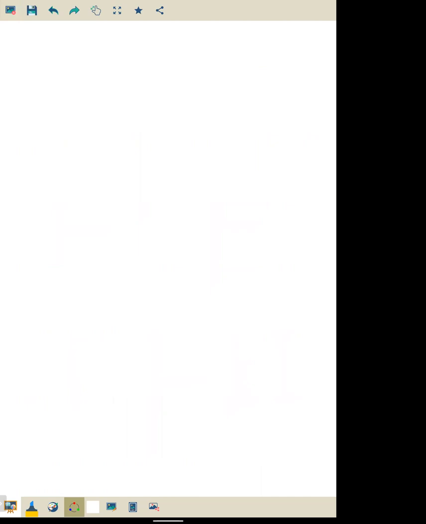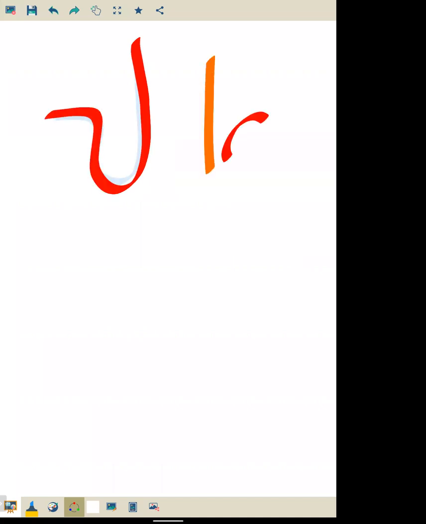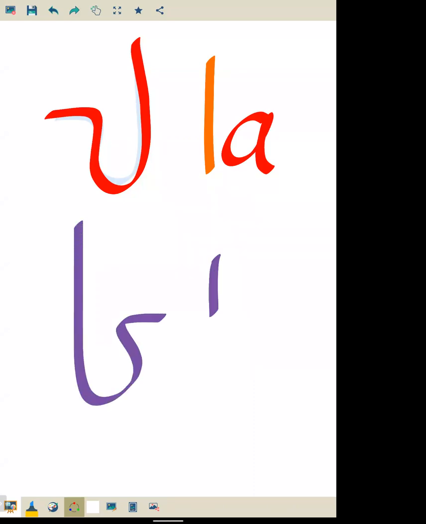And we can have the la. This is la that you know, and this is ha. That also I told you. So we can have two letters. So la here, la. Okay. And according to color, now you can see the changes of the matras.